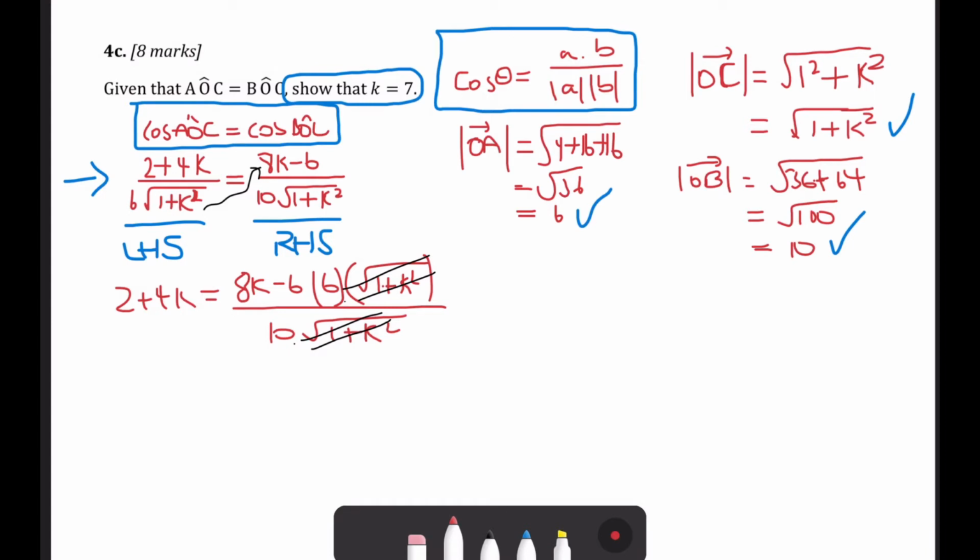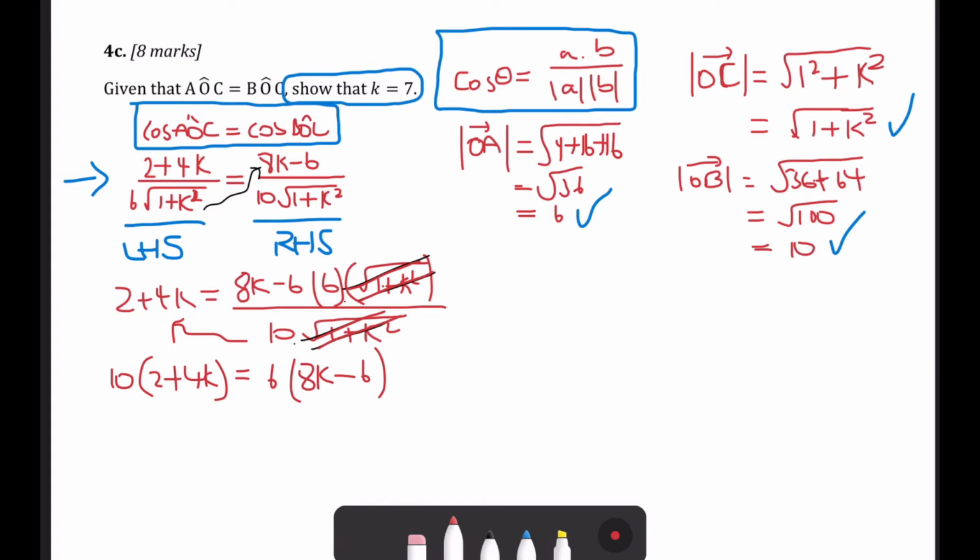So by cancelling them out, I can now bring the 10 up here, so it ends up being 10 times 2 plus 4k equals, and then I've got 6 times 8k minus 6. So just by doing that little step of bringing the 6 root 1 plus k squared up here, I was able to just cancel that complex part, and it made it much simpler. So now I've just got a linear equation.